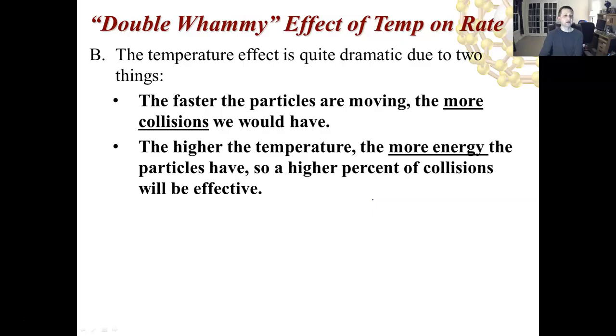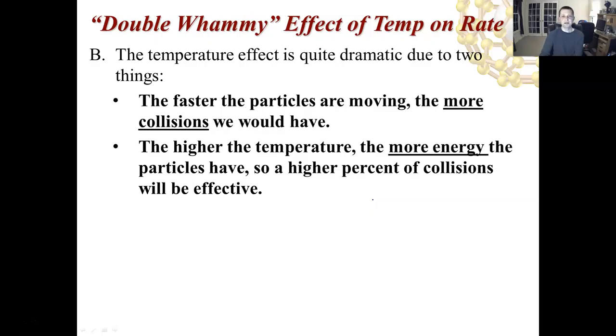Second point, number two, the higher the temperature, the more energy the particles have. So when the collisions do happen, a higher percentage of them are going to be effective. So we have more collisions with more energy. So it's both things going hand in hand there. If I have you stand up and I blindfold all of you and you walk around the room and you collide, it might hurt a little bit, right?